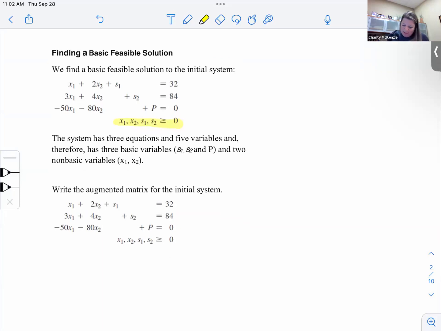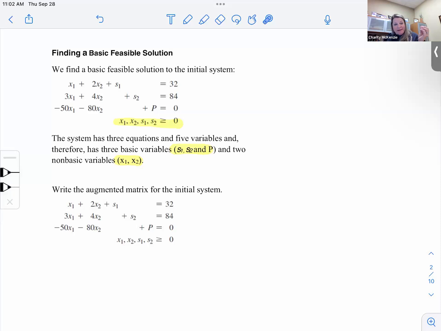I like to say the word so lately. So the system has basic variables and non-basic variables. This is just a technicality, but I'm going to bring it up. The basic variables would be our S1, our S2, and our P when we first start, and our x1 and x2 are what we call non-basic.